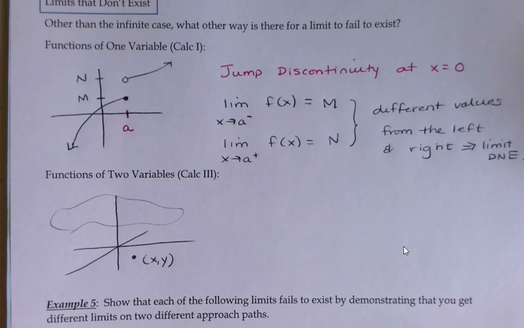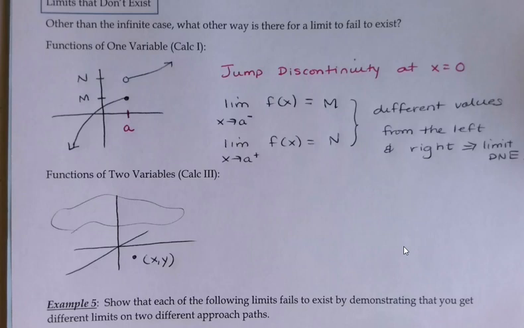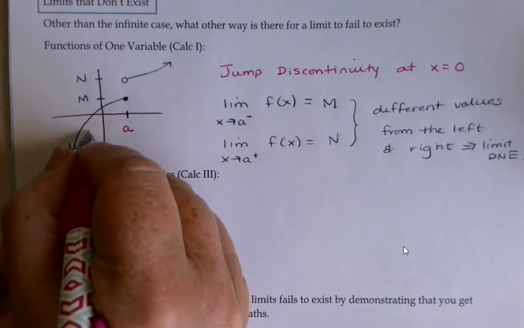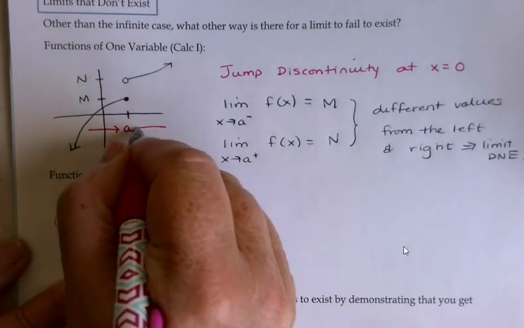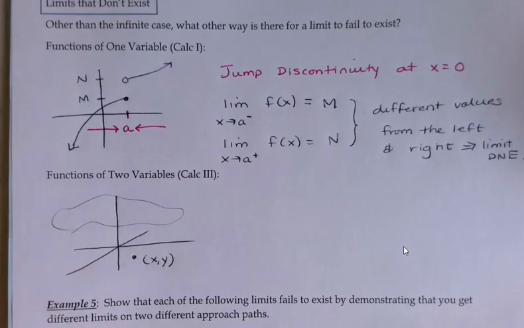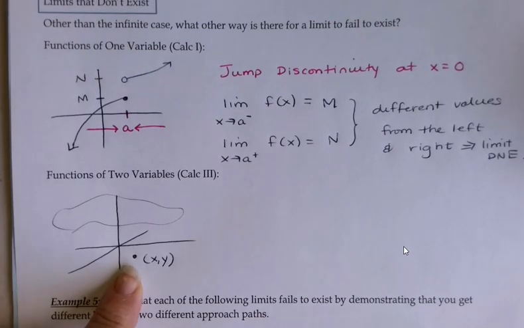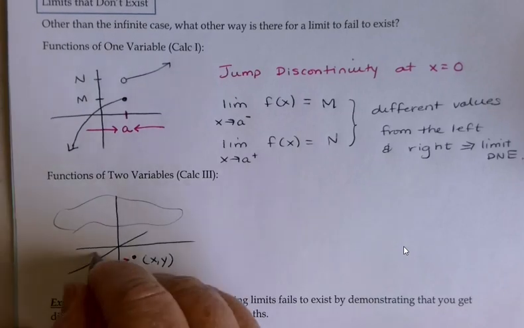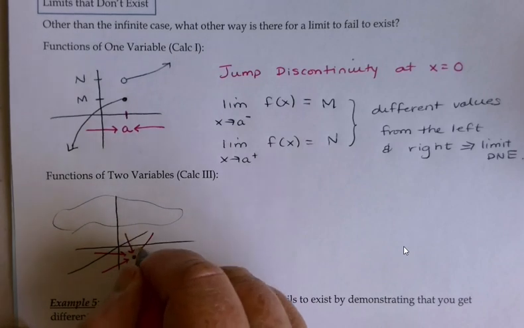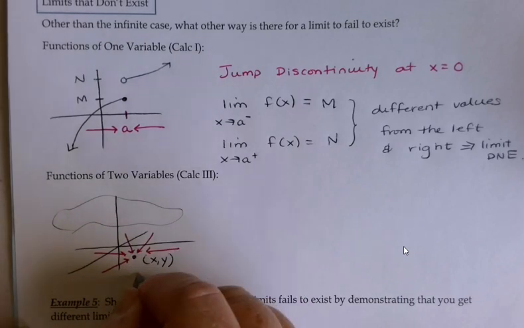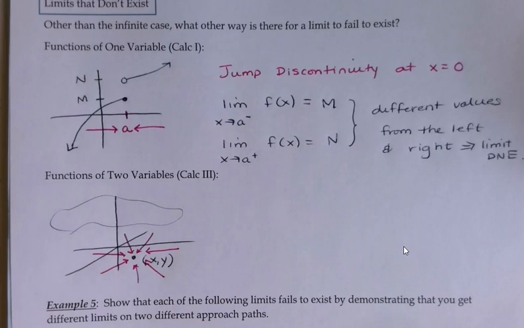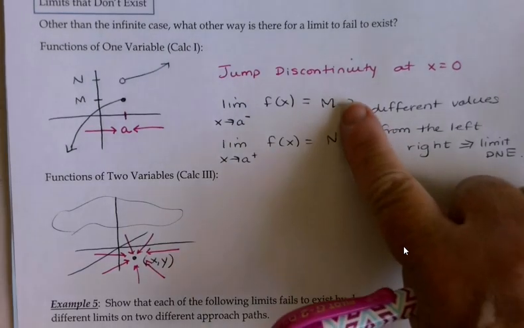But here's where it gets a little bit more complicated. In the two-dimensional situation, I was only able to approach a from the left and from the right. How many different ways are there for me to approach this point x, y? There's infinitely many ways to approach that point, right? So all I have to do is show that there are at least two different ways to approach that give different answers.